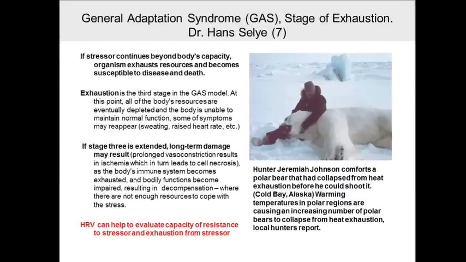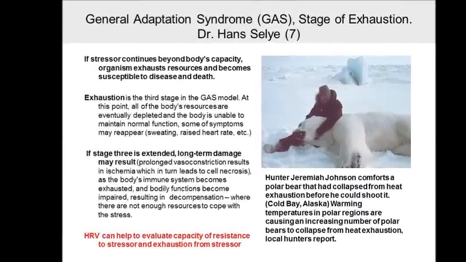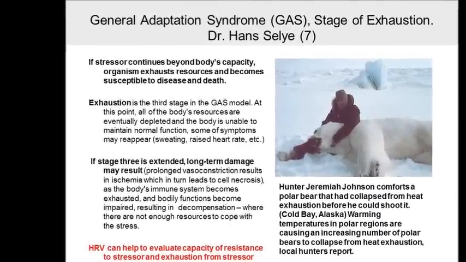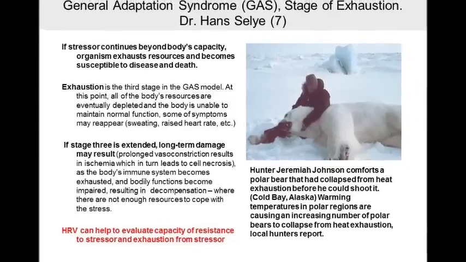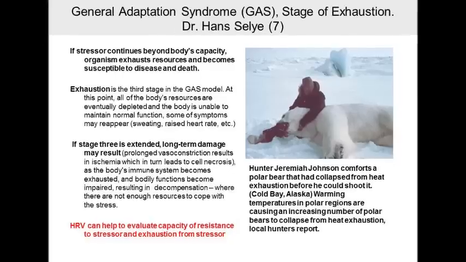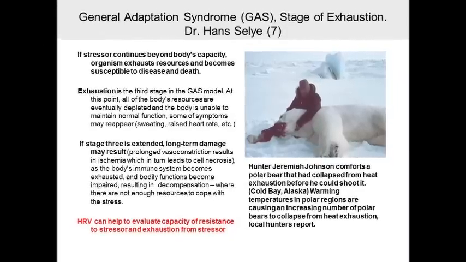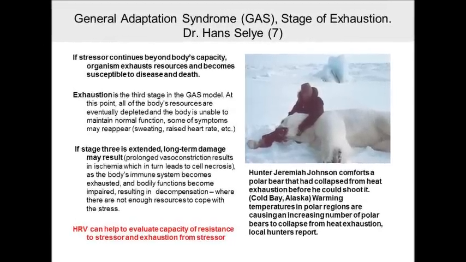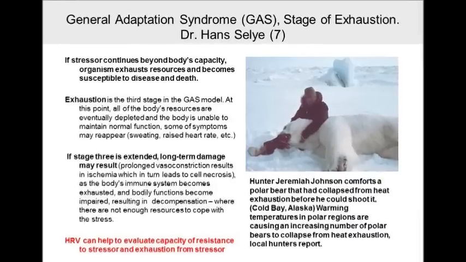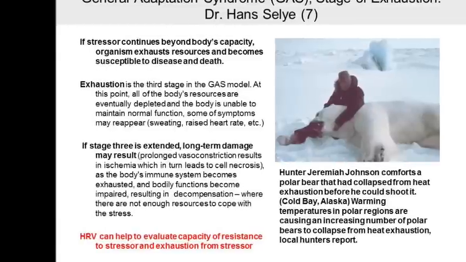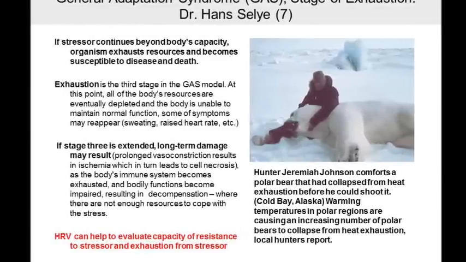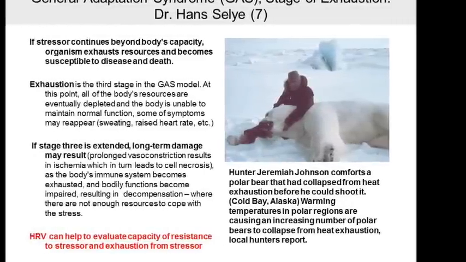Actually, I put a picture of a polar bear and a man next to the bear. And the man is not a hunter. He did not kill the bear. He did not do anything to the bear. But that bear collapsed because there's global warming now, and in areas where those bears live, the temperature goes up. And that beast has very good fur.